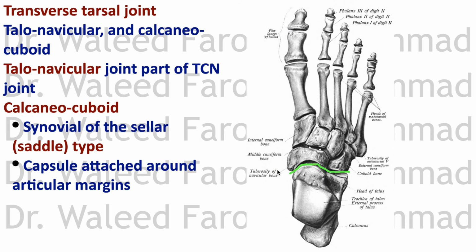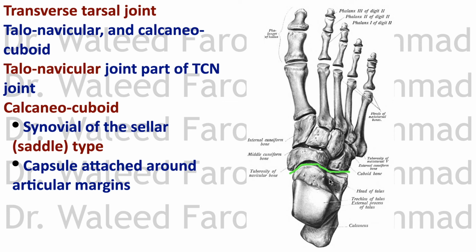The transverse tarsal joint, the one noted here, is composed of the talonavicular and calcaneocuboid joints. The talonavicular joint is part of the talocalcaneonavicular joint. Calcaneocuboid is synovial of the saddle type and the capsule attaches around the articular margin.